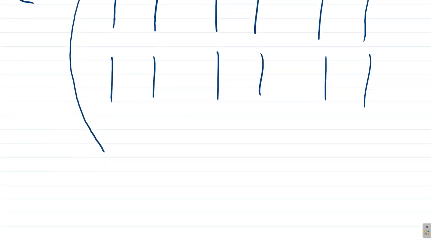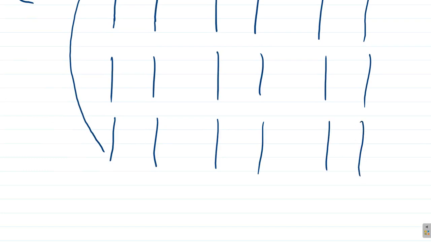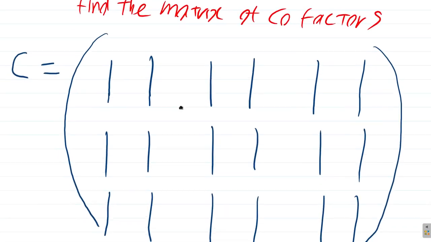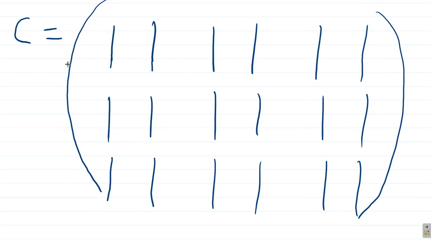Just setting up the frame for now. This one, this one, this one. Alright. And then we assign the signs. Positive, negative, positive, negative, positive, negative, positive, negative, positive.